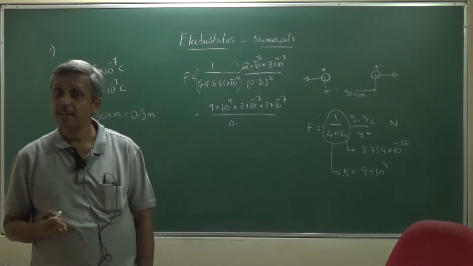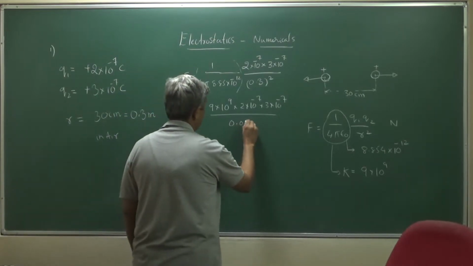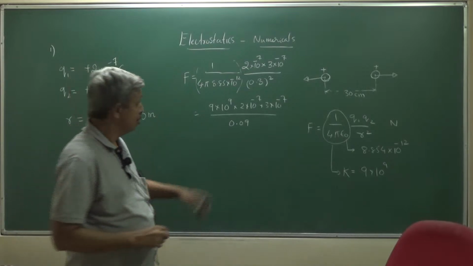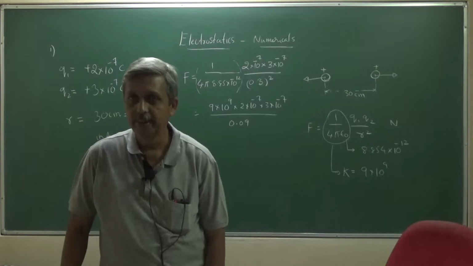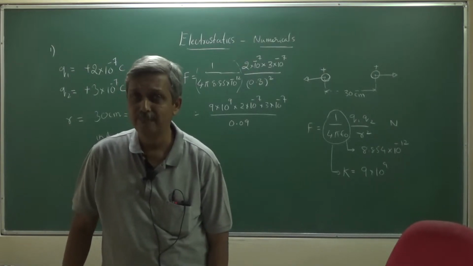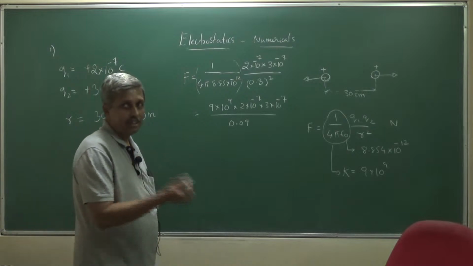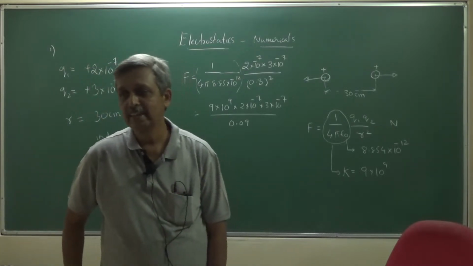Is 0.3 square 0.9? No, it is 0.09. Why is it 0.09? Because for 2 digits you have to put the decimal point backside. Okay. These are all things that you learned in 5th and 6th standard and conveniently forgot sometimes. So I will keep reminding in a very simple way even the silliest things that need to be done.